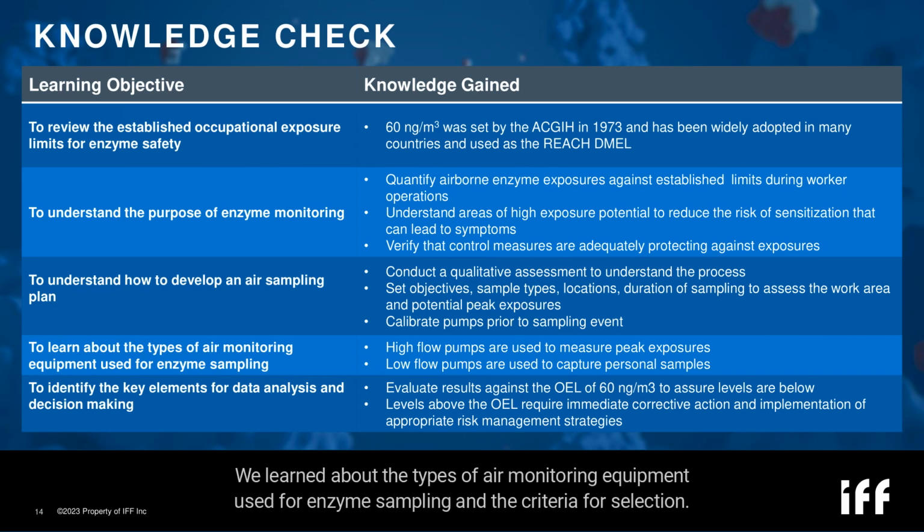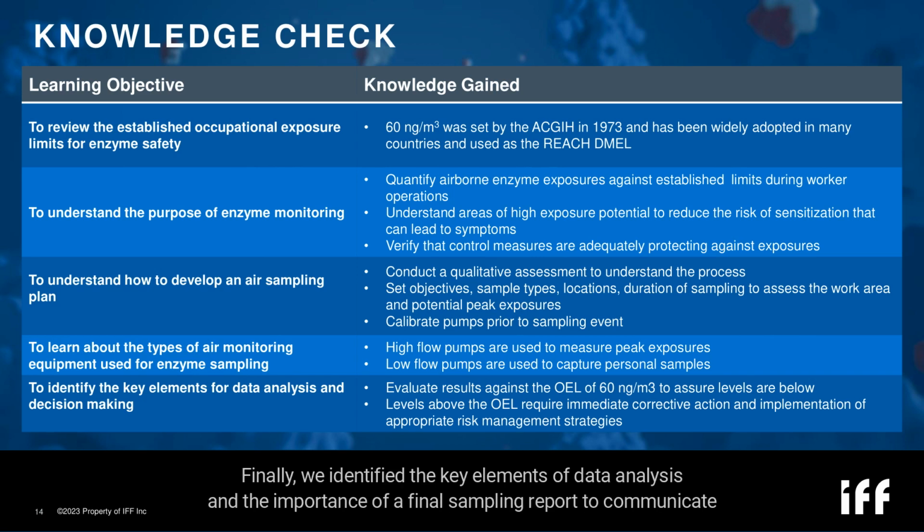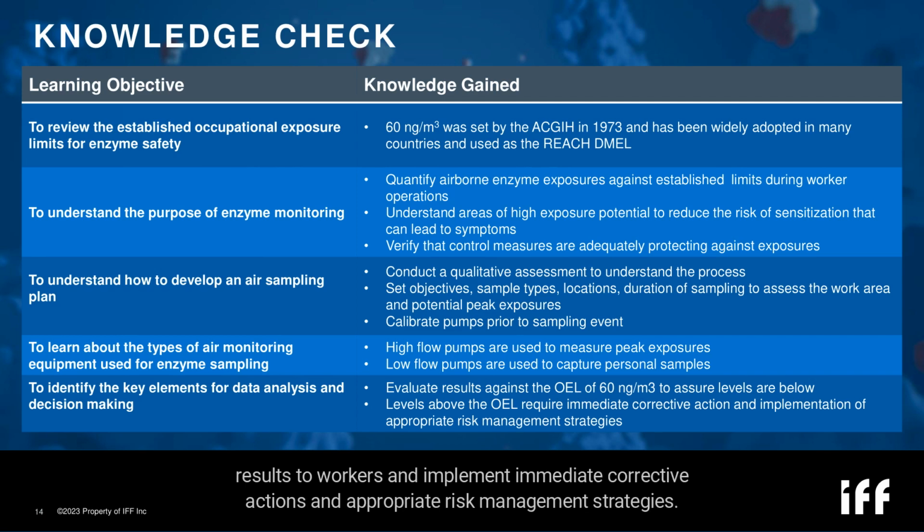We learned about the types of air monitoring equipment used for enzyme sampling and the criteria for selection. Finally, we identified the key elements of data analysis and the importance of a final sampling report to communicate results to workers and implement immediate corrective actions and appropriate risk management strategies.